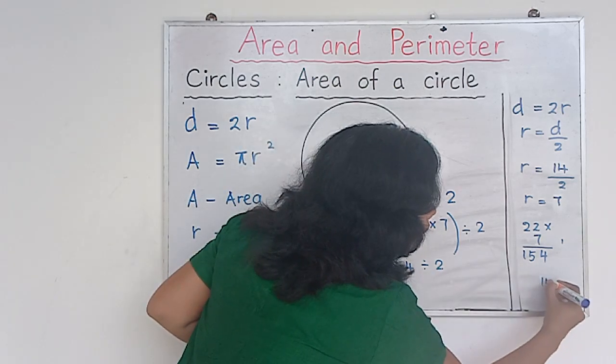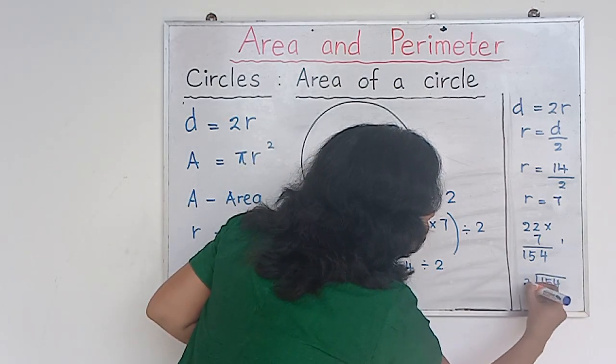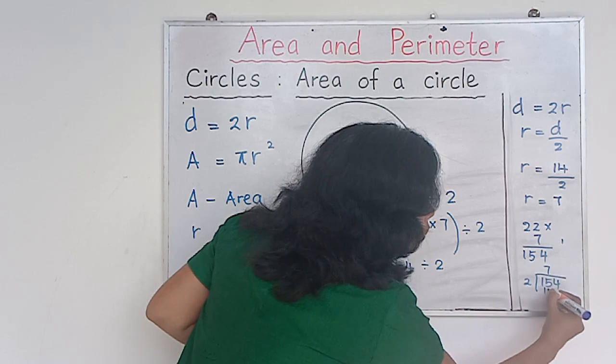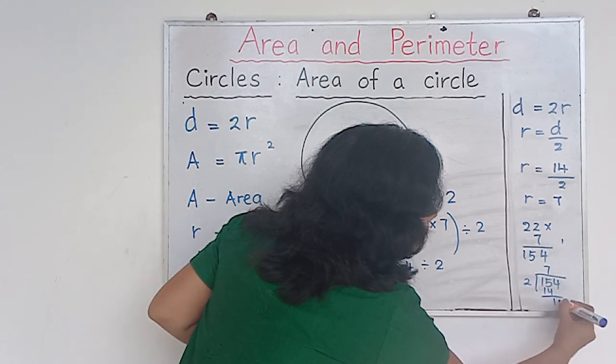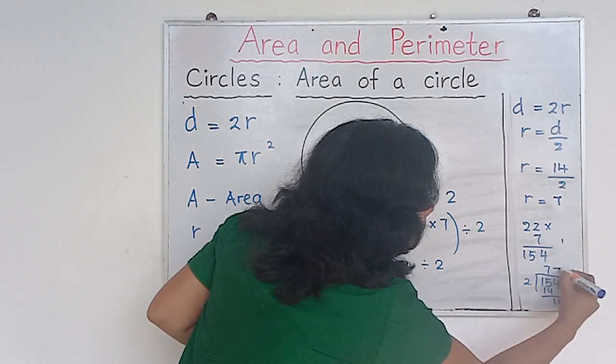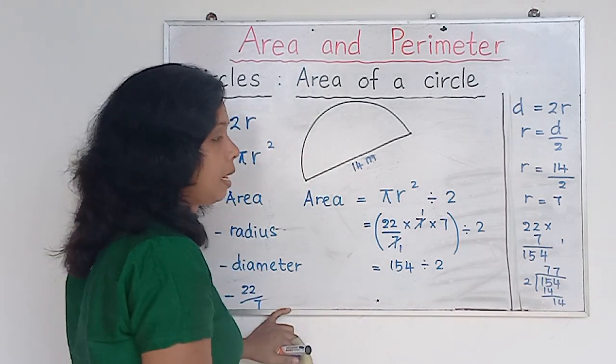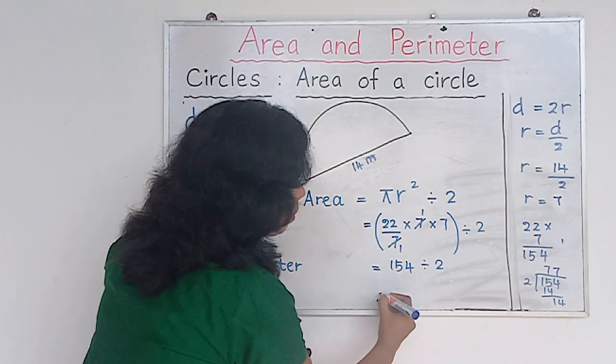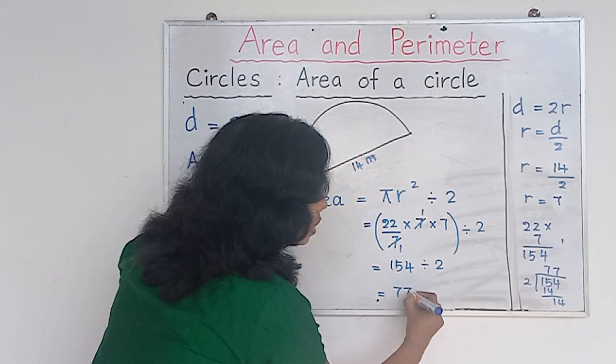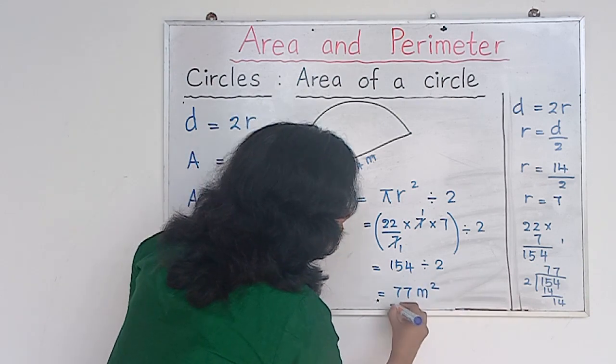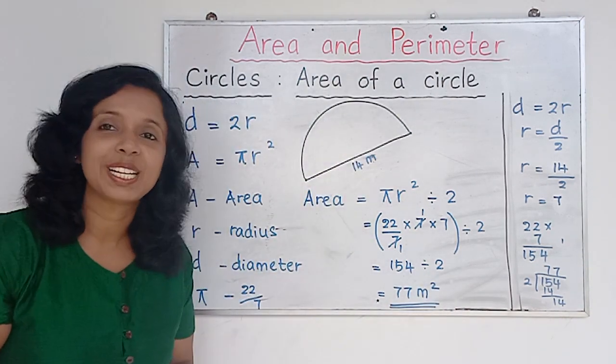Then you divide 154 by 2. 2 times 7, 14. Then it is 77 square centimeters. Everybody understood it?